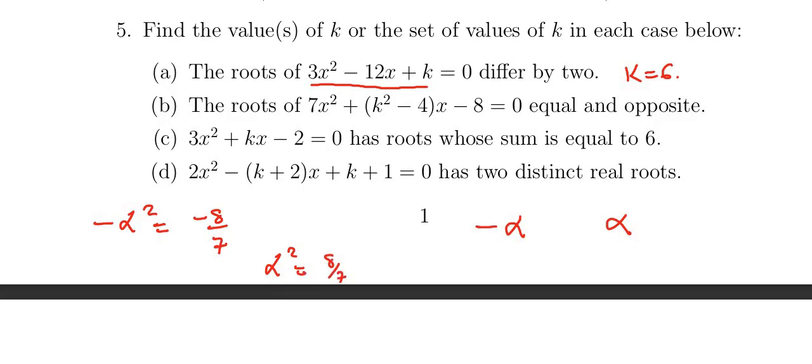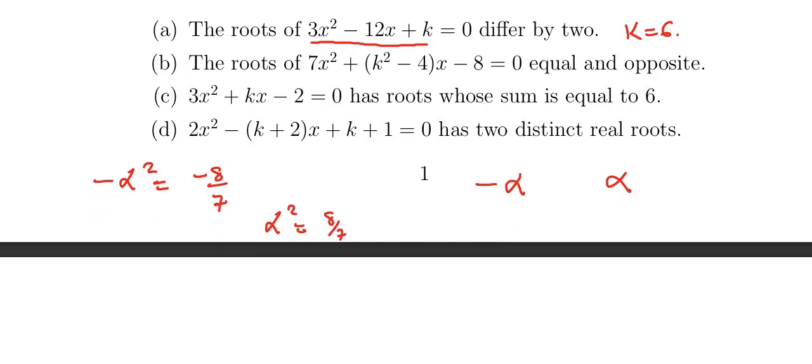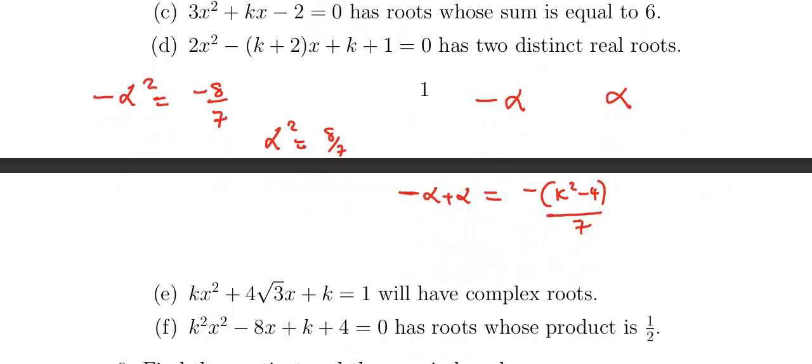So we know to say this is what you're getting for your alpha. Then to add the two roots, we know to say negative what? Negative alpha plus alpha. This will give us 0, right? Is negative b, which is this guy, over a. So here you will notice that if you try to solve this, this is a 0 here. So 0 is equal to negative k squared plus 4 over 7.